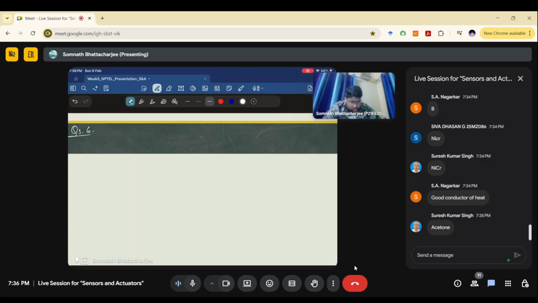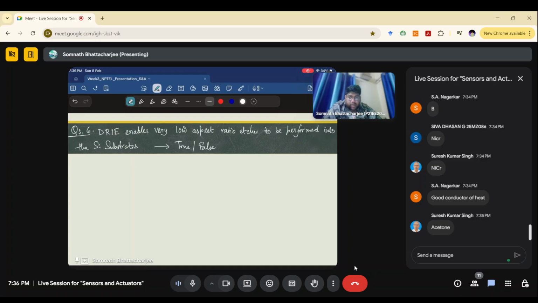So in DRIE, that is deep reactive ion etching, enables very low aspect ratio etches to be performed into the silicon substrate. So is it true or false?